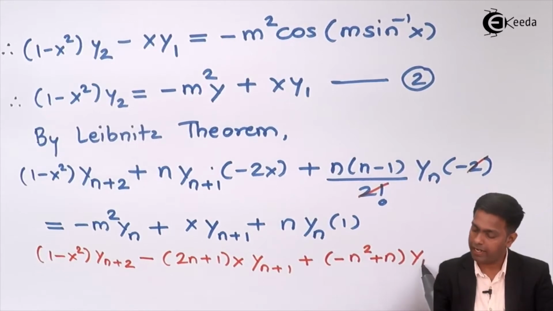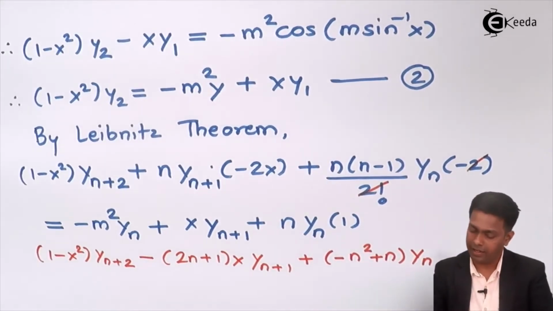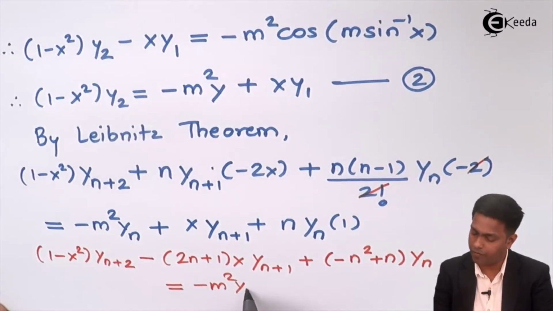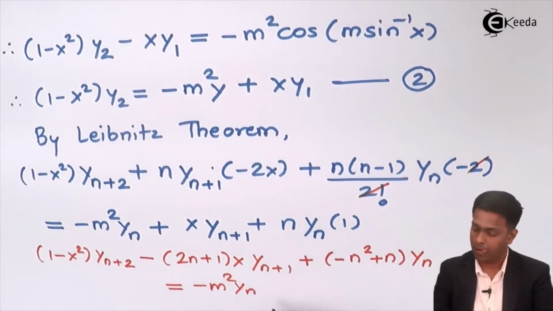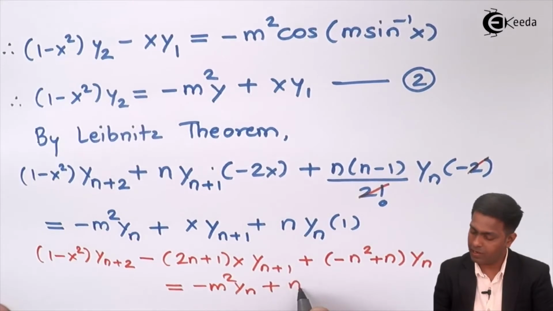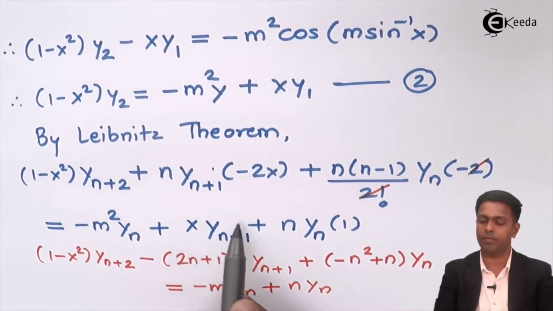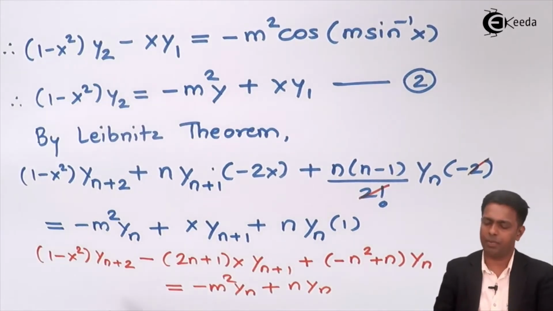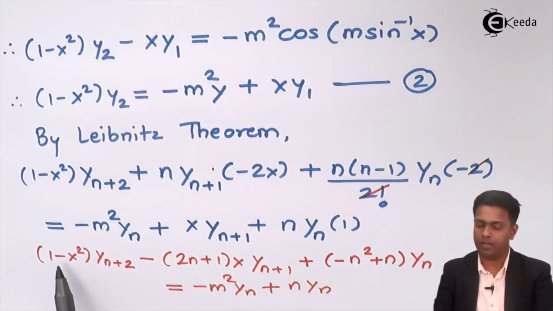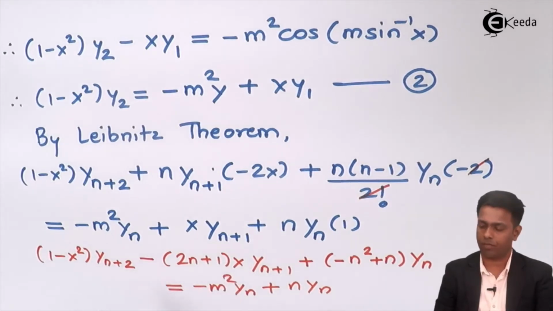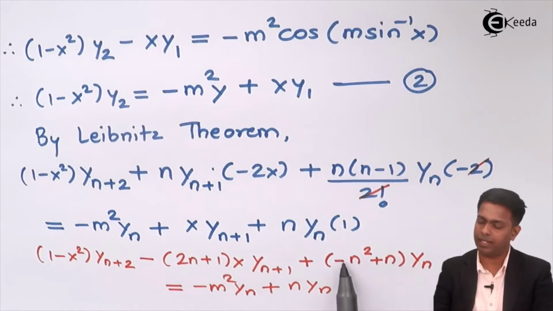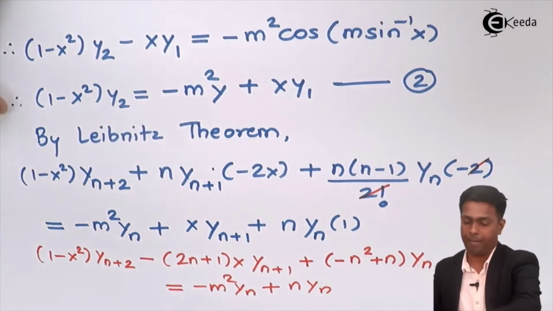Then y of n equal to, this is minus m square y of n, and this is plus n y of n. I am not considering this term because we have already shifted it to the left hand side. So now guys, let's simplify again. These two terms will remain as they are. Here I'll write down these two terms as they are, and then I'll multiply each term with y of n.